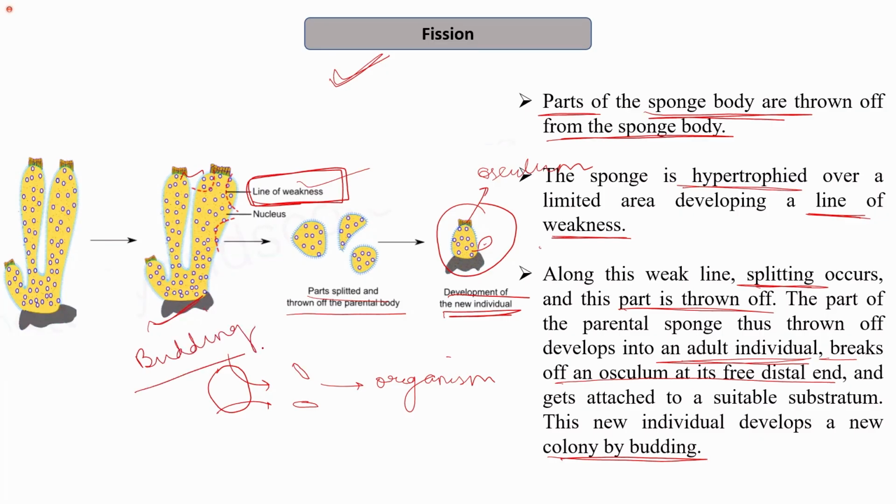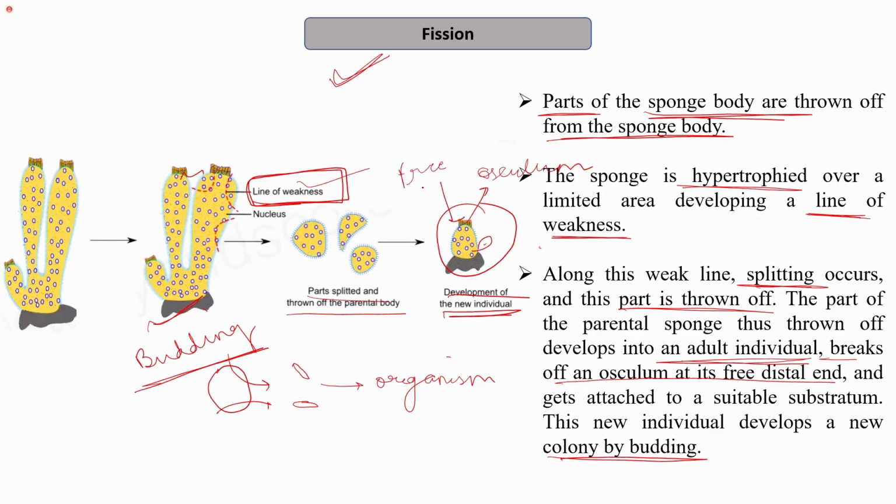Budding helps in the formation of colonies, while fission leads to reproduction by the formation of a line of weakness, where some part of the parental body is thrown out, and this split part then develops into a complete new organism that even develops an osculum at its free distal end.